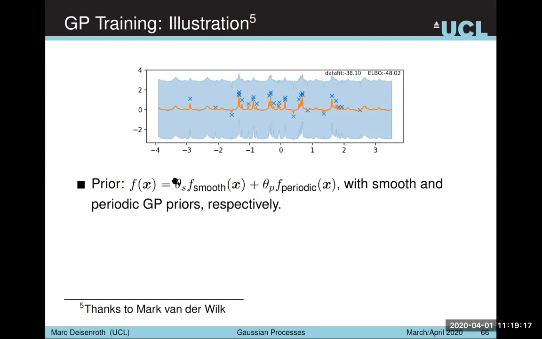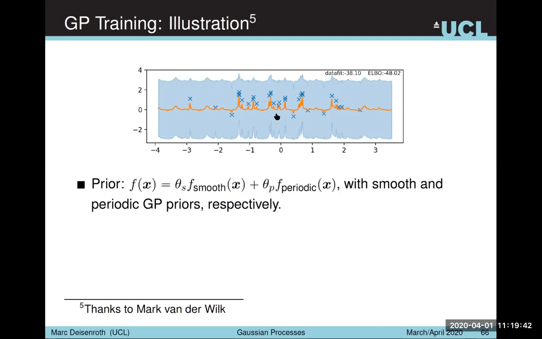Effectively, if you remember the equations of the individual kernels, then the theta s and theta p parameters would be absorbed in the amplitude parameters, so that they are already weight parameters. That means by optimizing the marginal likelihood, these theta s and theta p parameters would be automatically optimized as well.